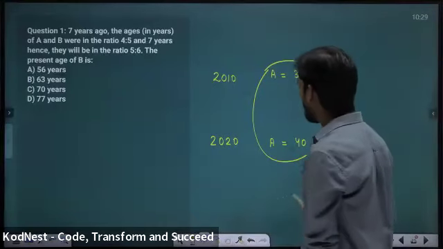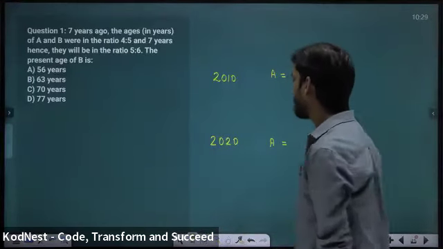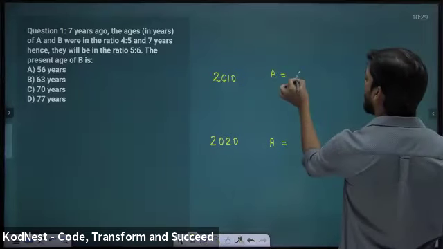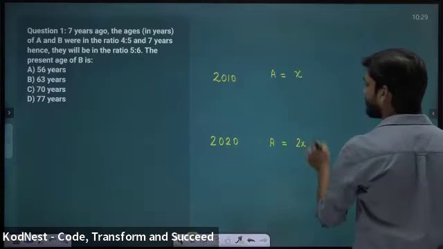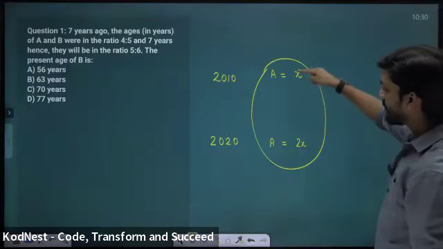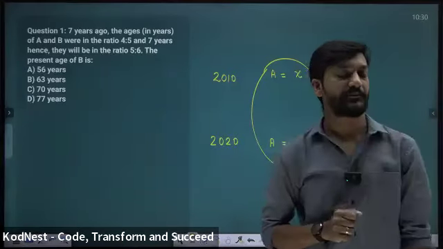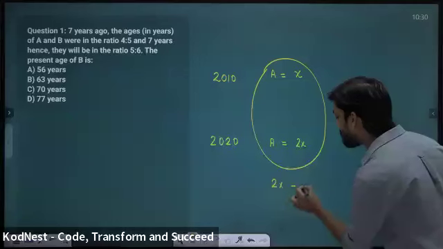All right. Now answer carefully. Suppose I'm saying the age as x, and here I'm saying the age is 2x. What should be the difference of these two values? How would you write? Can I say this? Please answer carefully. 2x minus x.